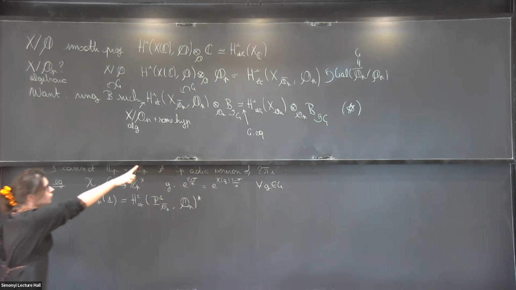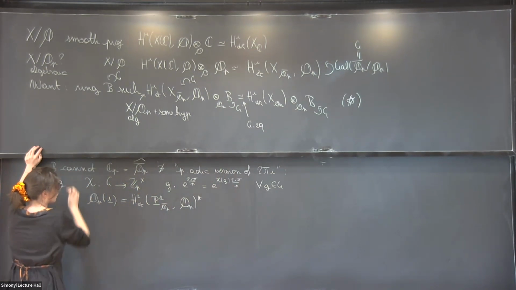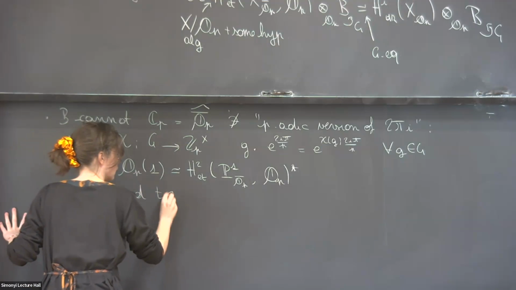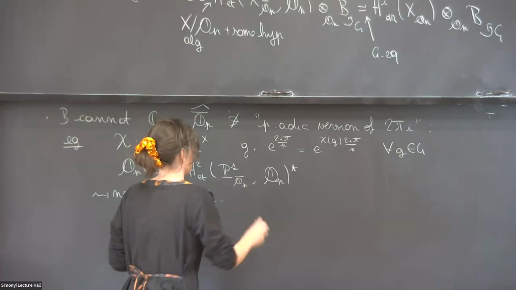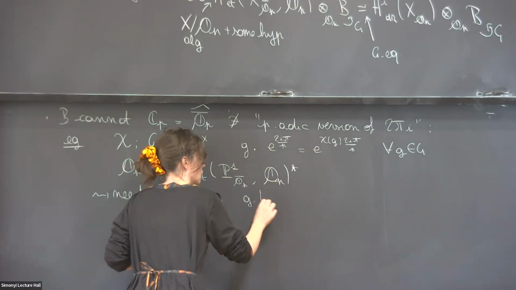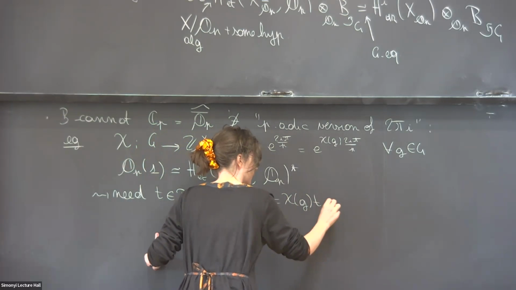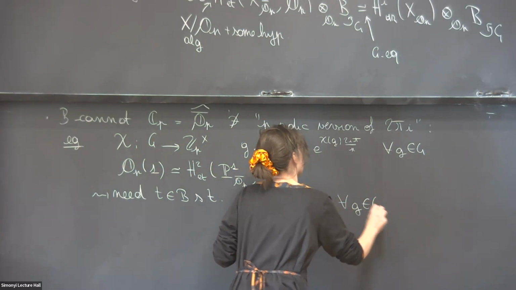So if we want to have this isomorphism, we need some element t in B such that G acts on t by the cyclotomic character.